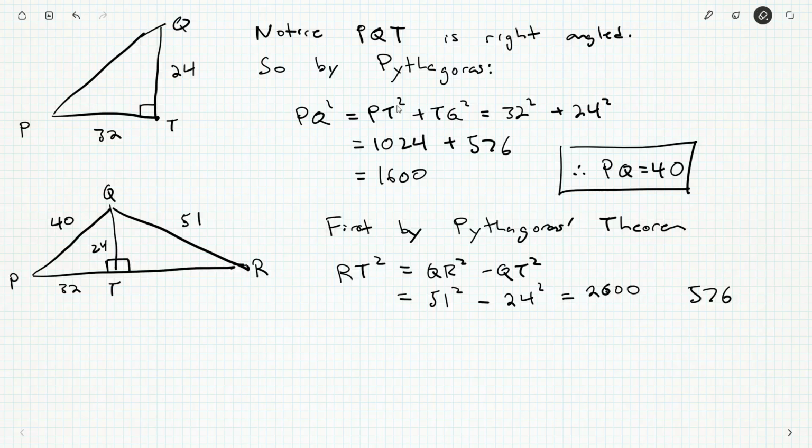So 2601 should be our answer. And then when we subtract, taking out the 76 from the 101 would give us a 25, and then 25 minus a 5, 2025. And we recognize that as 45 squared. So RT is going to be 45.